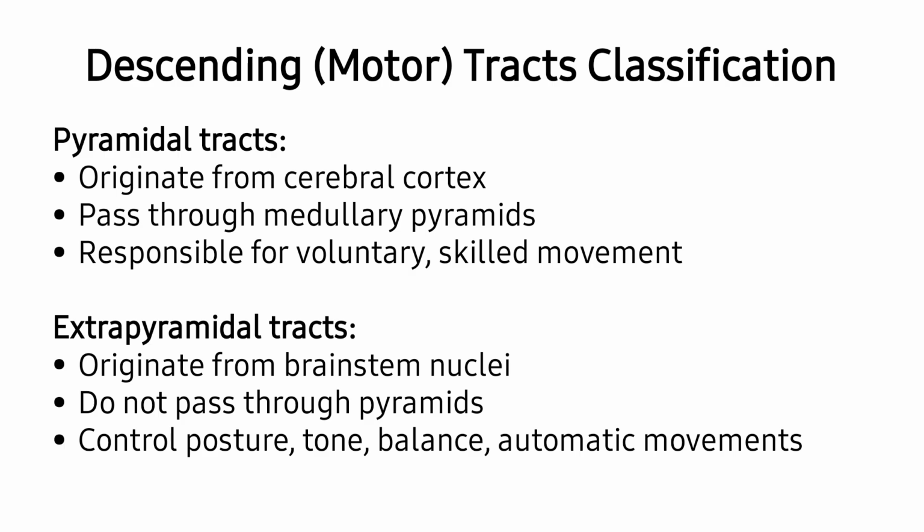There are tracts that pass through the medullary pyramids and those that do not pass through the medullary pyramids. Those that pass through the medullary pyramids are referred to as the pyramidal tracts. Those that do not pass through the medullary pyramids are referred to as extrapyramidal. The pyramidal tracts are responsible for voluntary and skilled movement.